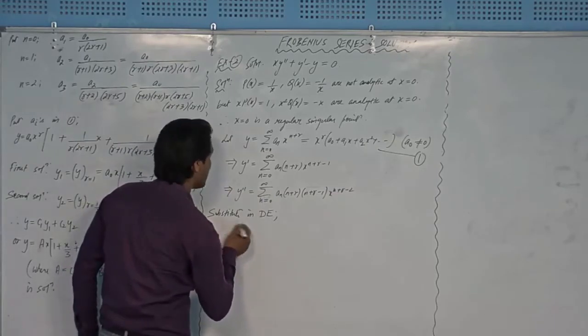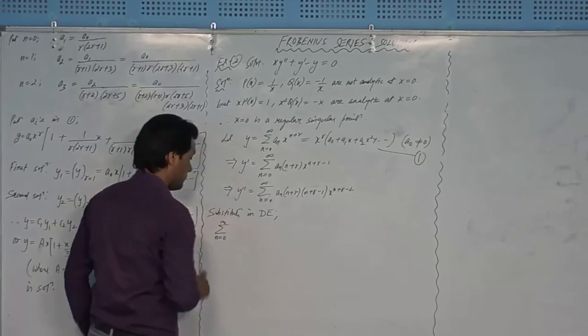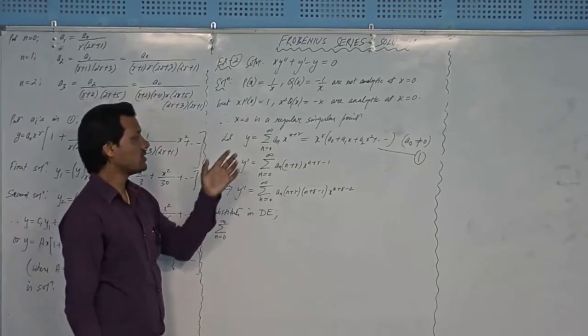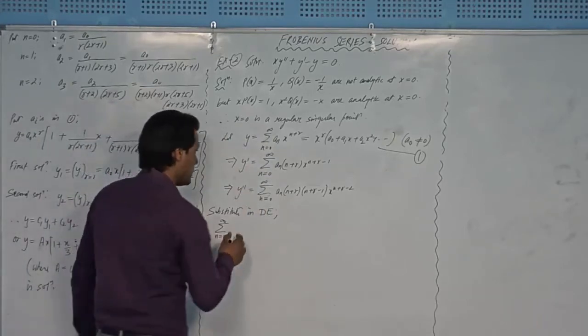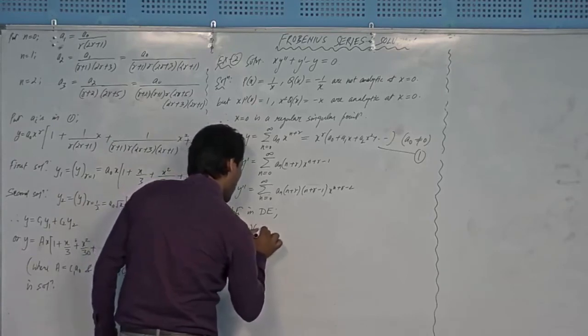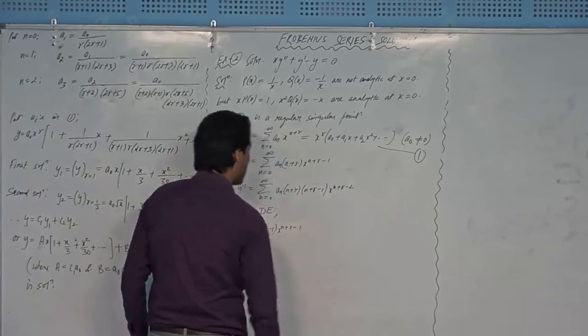In the first term, the summation with n = 0, the range is unaffected by multiplying any derivative of y with any power of x in the case of this Frobenius series, so a_n (n + r)(n + r - 1) x to the power n + r - 1.